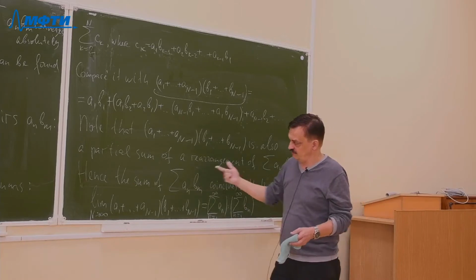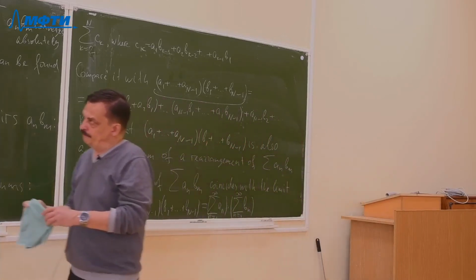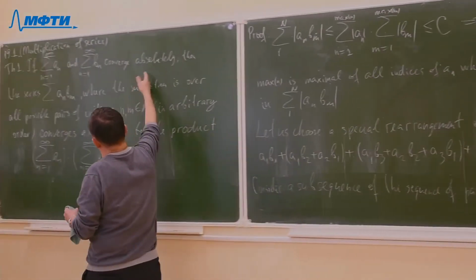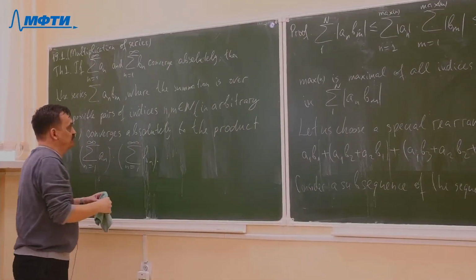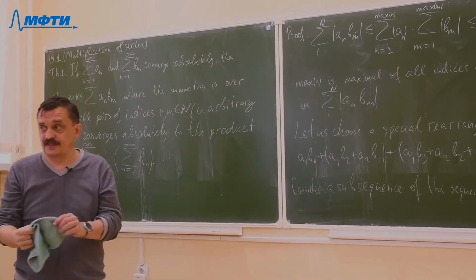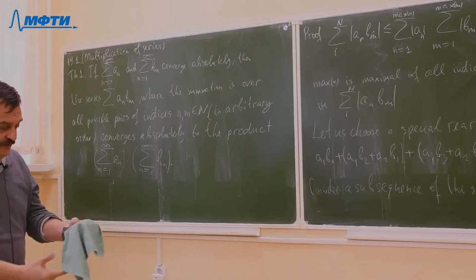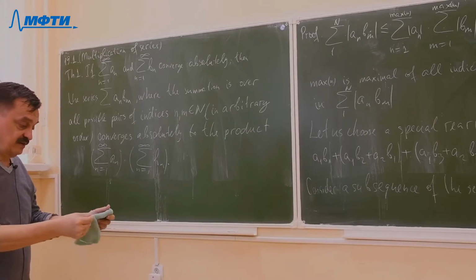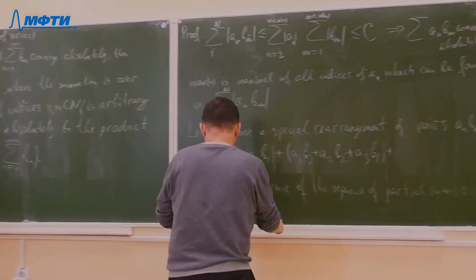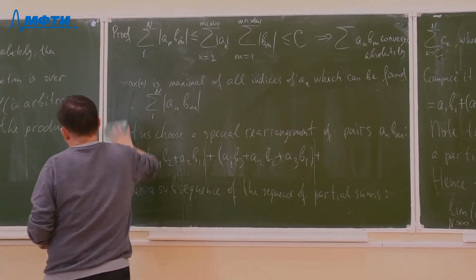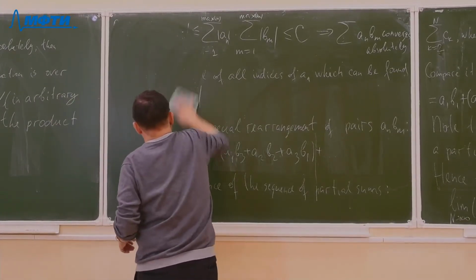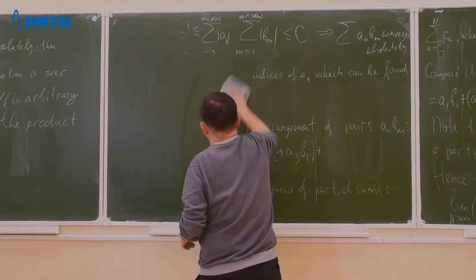Hence, we have proved that indeed, for absolutely convergent series, we can proceed as we did for finite sums. But for the general case, it's essentially more complicated. So, let's consider the general case, what we can do with the product of series in general.